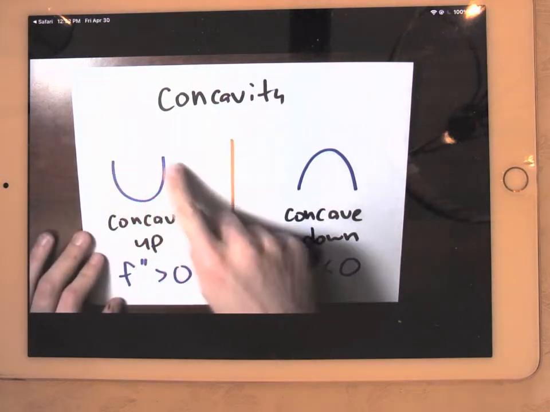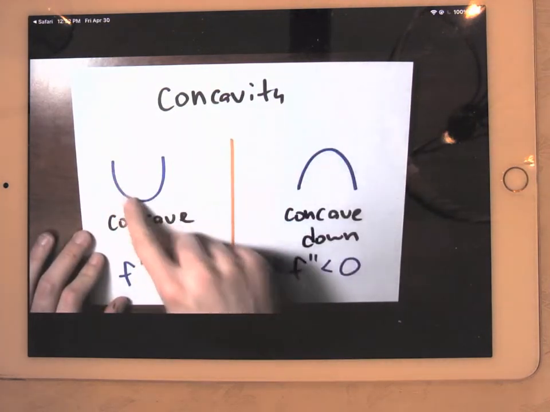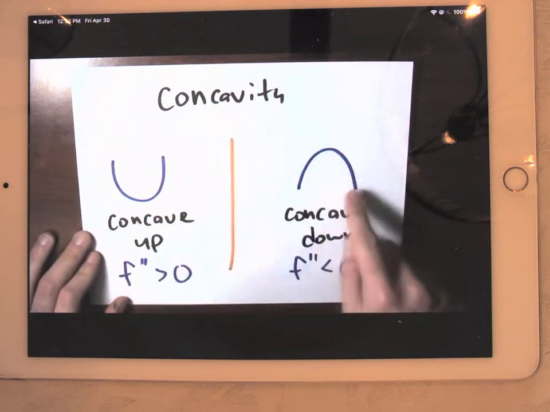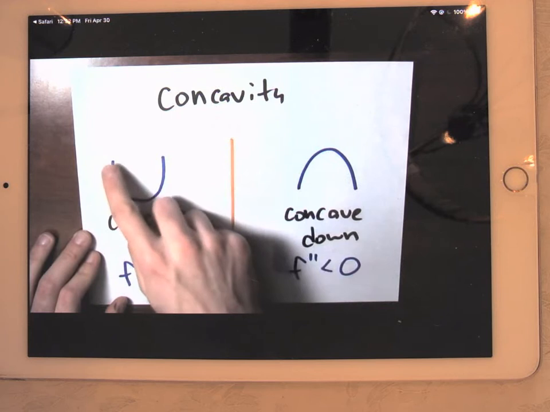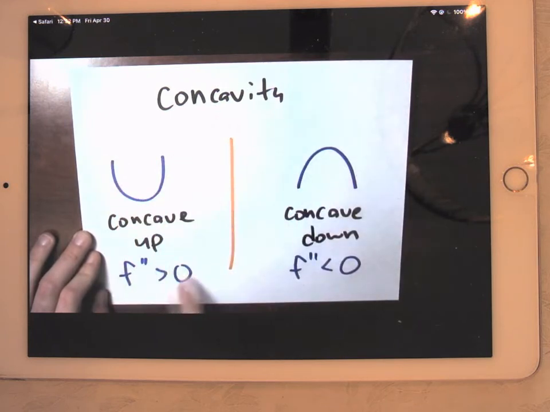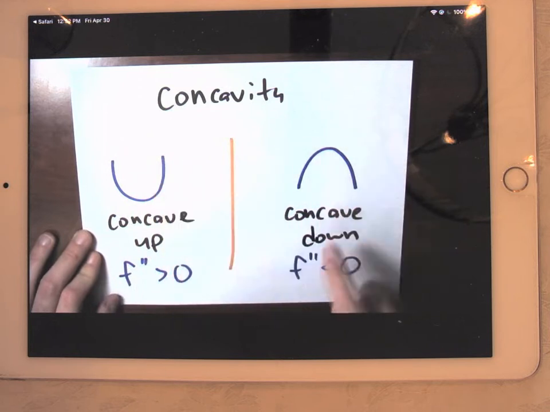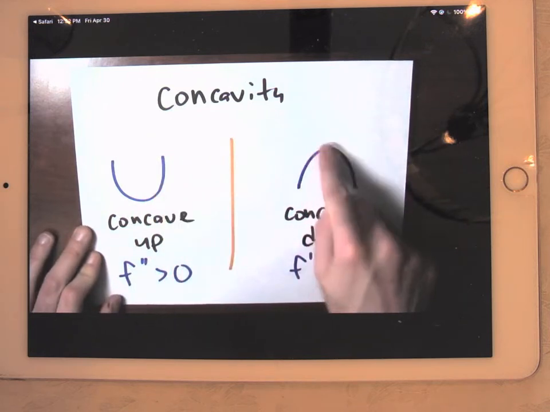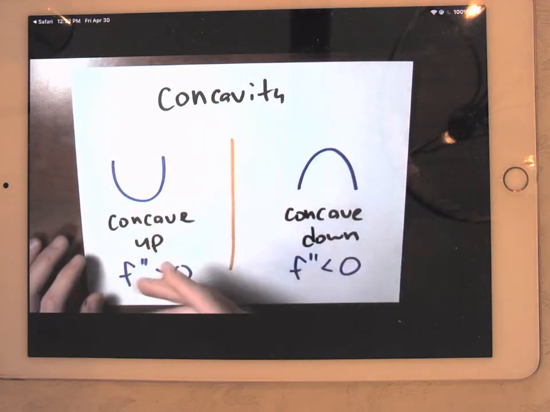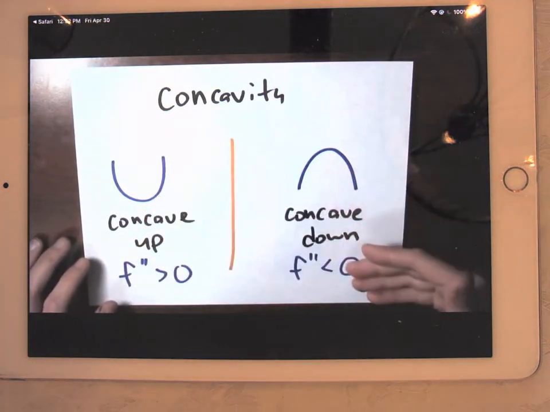And I've drawn sort of cartoony pictures of what the graphs look like in these two cases. Now note, it's not just increasing or decreasing, but this concavity is recording the shape of the graph in some sense. Positive second derivative makes it look like this. Negative second derivative makes the graph look like this. And I'm just labeling these two things concave up and concave down.